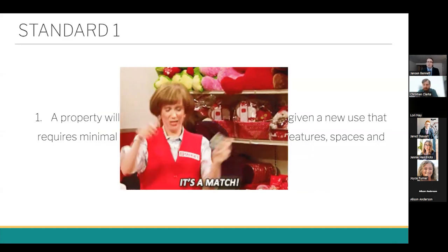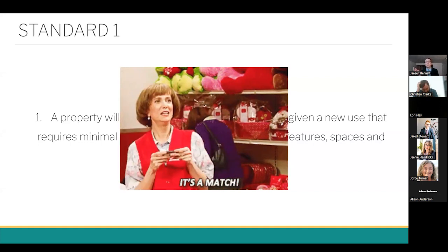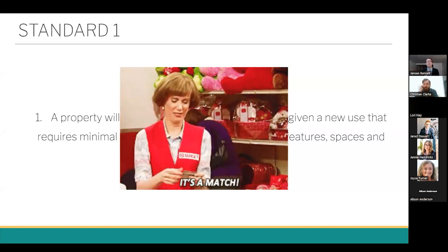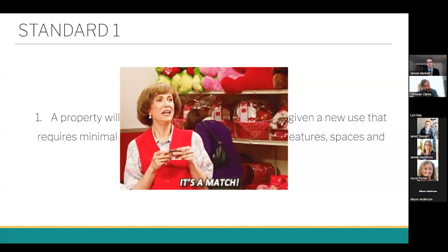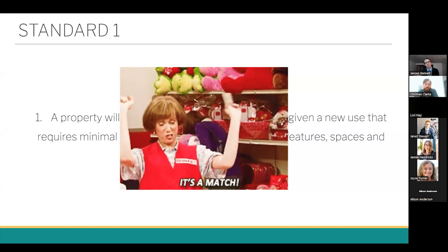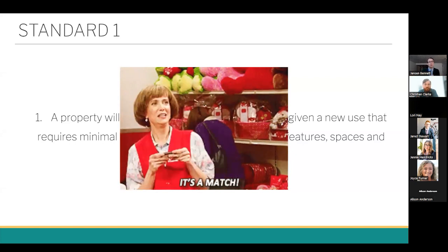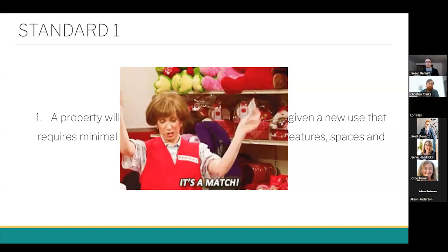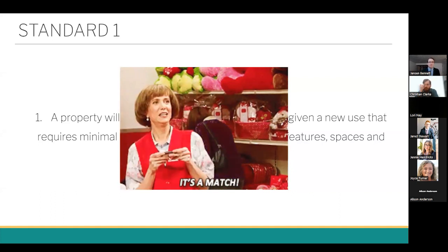So usually the easiest way to make sure that a new use matches a historic building is to continue the same use. So if it's a single family residence and was a single family residence historically, keep a single family residence now. If it was a commercial retail building, make sure it's a commercial retail building now. But that isn't always possible.